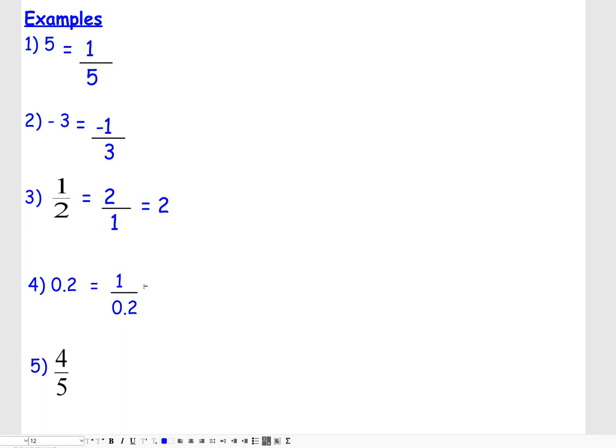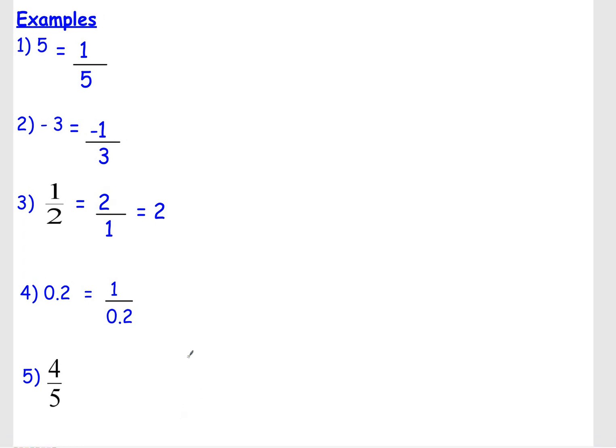Therefore, we need to get rid of the decimal on the bottom. In order to do that, we need to times both parts by 10. So we end up with 10 divided by 2, which equals 5. So the reciprocal of 0.2 equals 5.